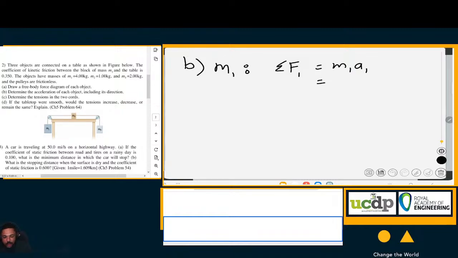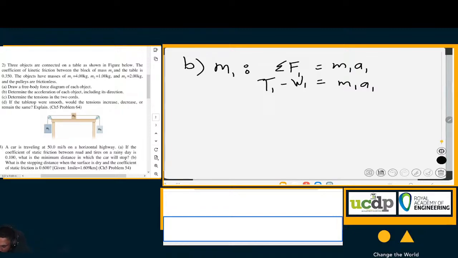We just determined it. It is the tension T1 going upwards, which I always choose as positive, and then downwards we have the weight of block 1 pulling it down, and that is equal to the mass m1 times the acceleration a1. So we need that acceleration.